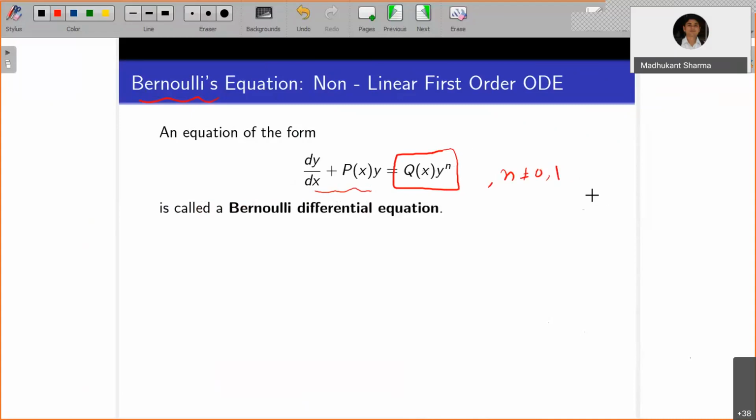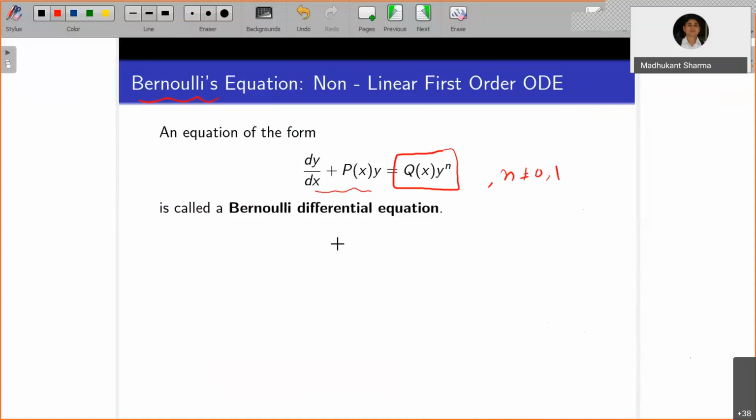When n equals 1, you have q of x times y, so you can take p of x minus q of x times y equal to 0, so it's again linear. For n not equal to 0 and not equal to 1, it is going to be a non-linear equation, of first order and first degree. How to solve this equation?